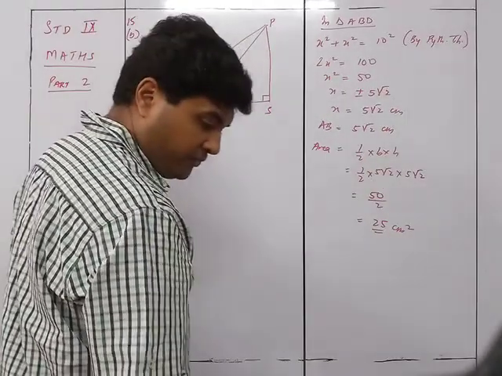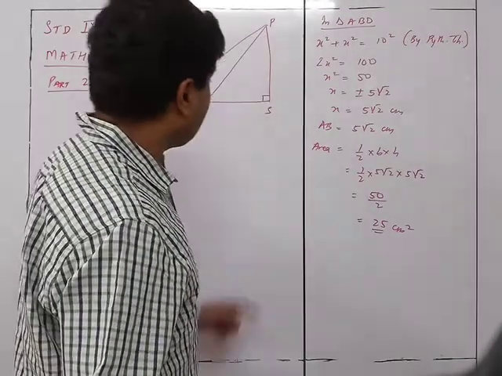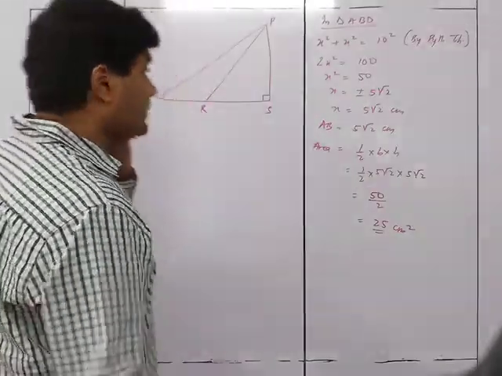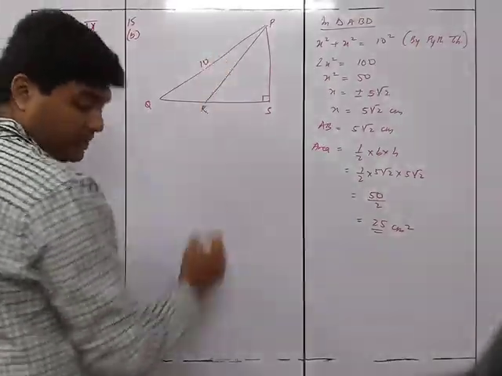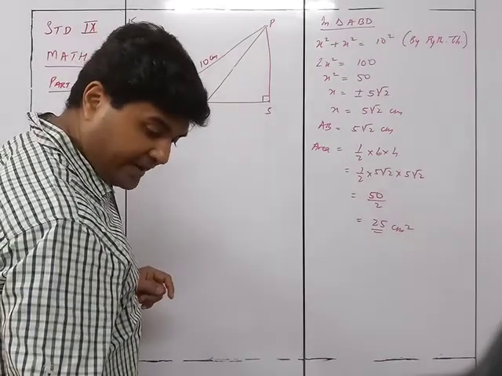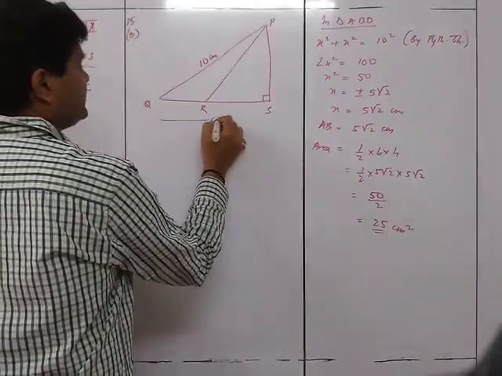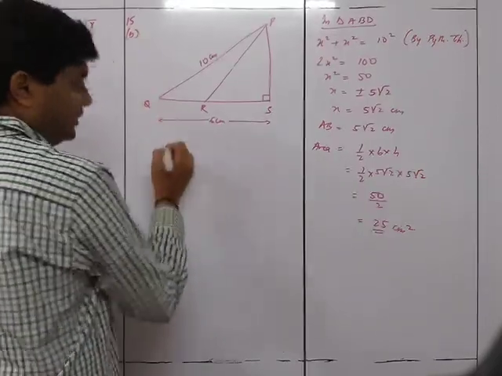If you see from the question, they have mentioned over here that angle PSR is 90, PQ is 10 centimeters, QS is 6 centimeters, the complete thing from here to here.